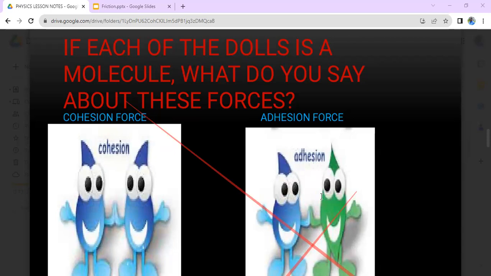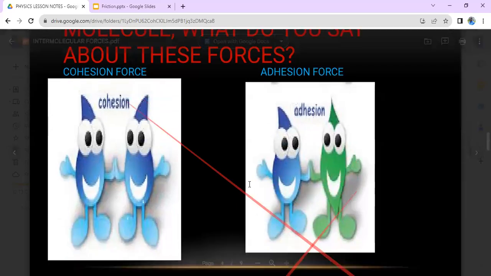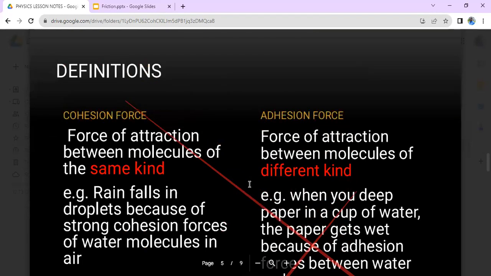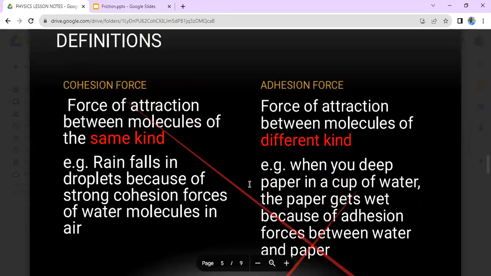Ariel says that dolls in cohesion are of the same kind, while those in adhesion are not of the same kind. Okay, so we are going to continue now from this, and then we define. So I need someone to read for us the definition for cohesion and then the definition for adhesion.